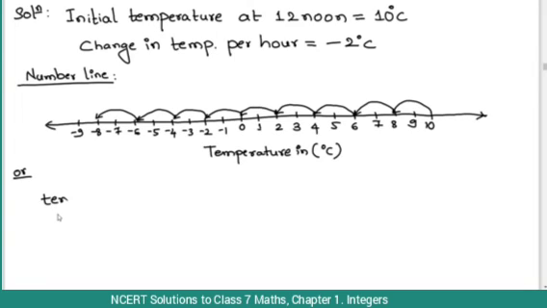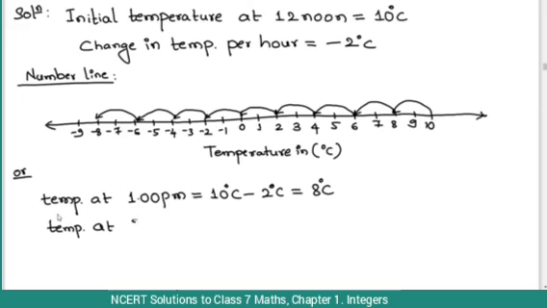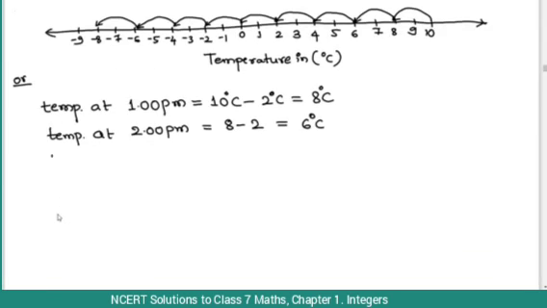Or we will solve it by another method. The temperature at 1 p.m. is equal to 10 degrees Celsius minus 2 degrees Celsius, that is 8 degrees Celsius. So every step we will subtract 2. Temperature at 2 p.m. is 8 minus 2, that is 6 degrees Celsius. So likewise we will subtract 2 in every step.